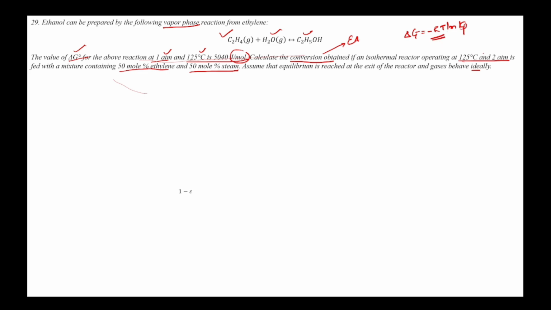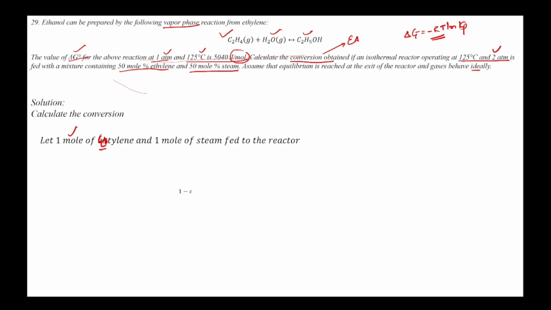So delta G will not change if the pressure changes, but we have to calculate the conversion at 2 atm. So we will see. Now calculate the conversion. Let 1 mole of ethylene and 1 mole of steam be fed to the reactor.